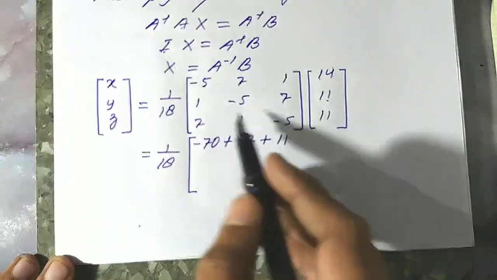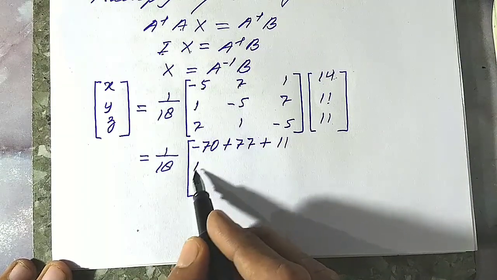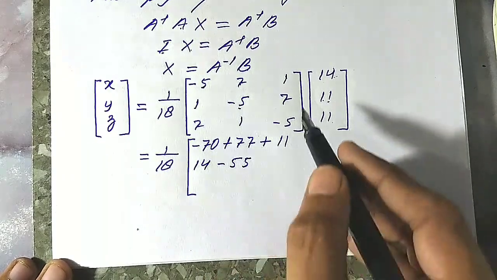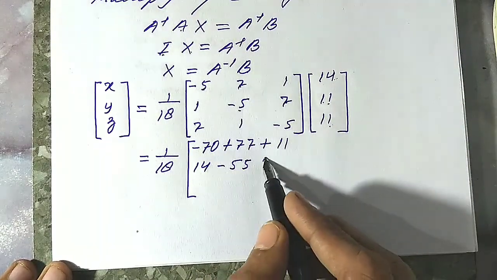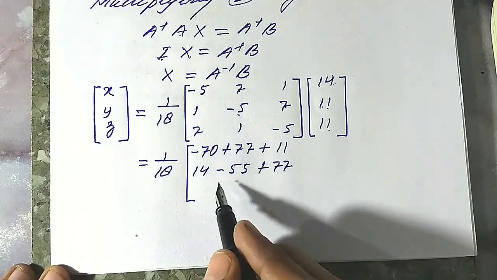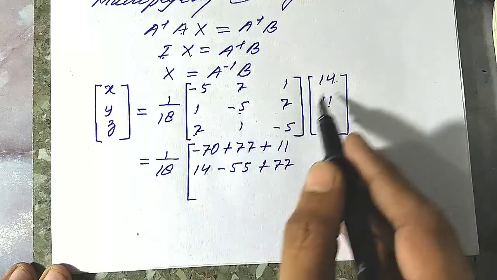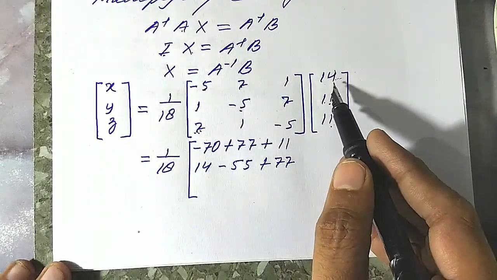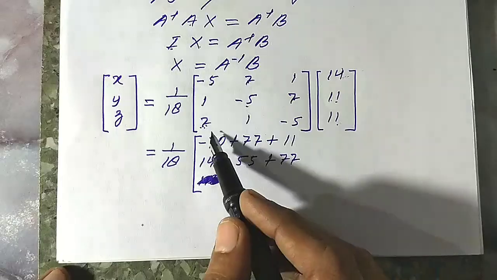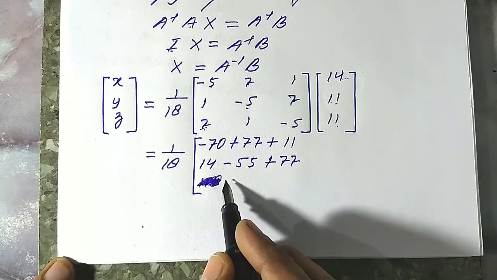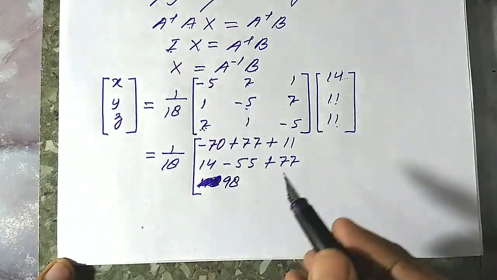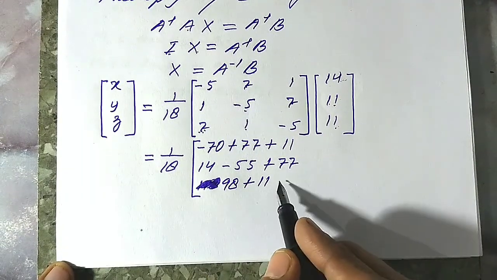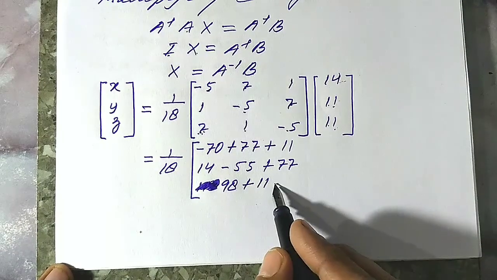Now second row and this column, 1 into 14, 14, minus 5 into 11, minus 55, and 7 into 11, plus 77. Now next, the third row will multiply the column. Now 7 into 14, 7 14s are 98, plus 1 into 11, 11, and minus 5 into 11, minus 55.